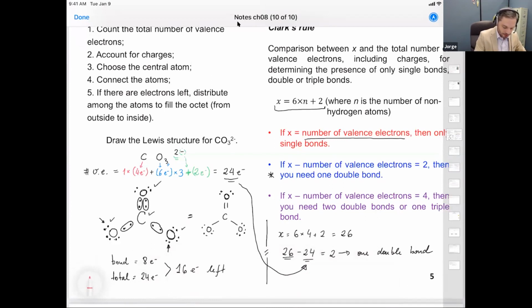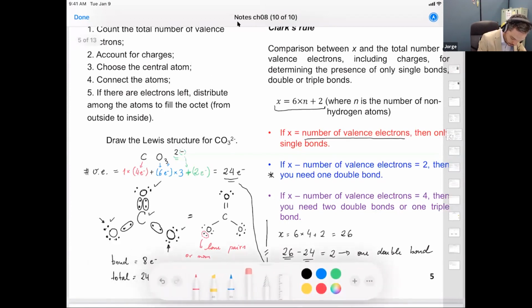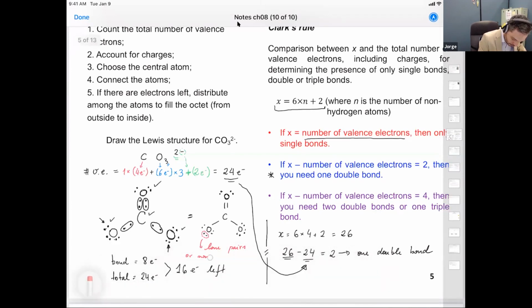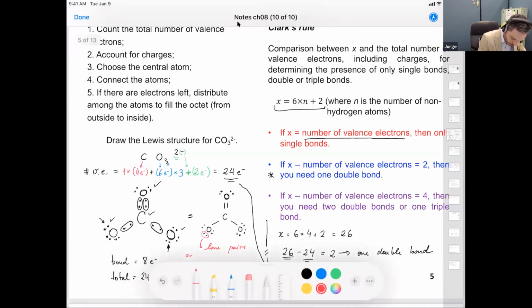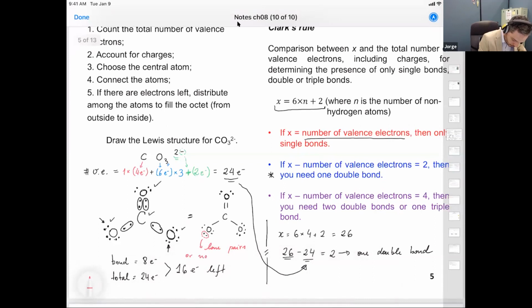The electrons that are not bonded, not being used to make a bond, are called lone pairs or non-bonding electrons.